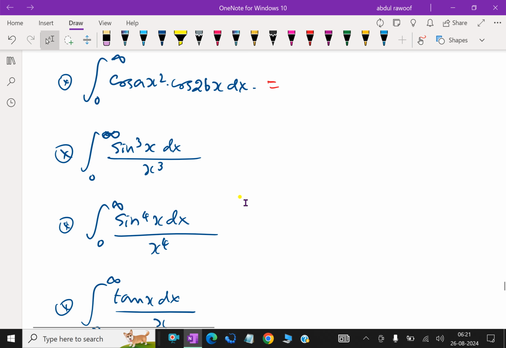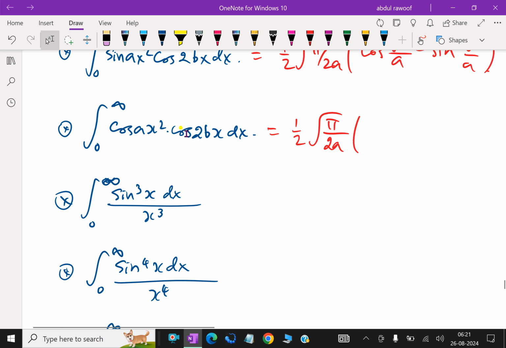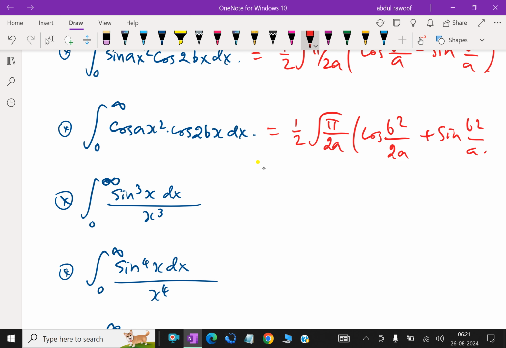Integral 0 to infinity cos ax square into cos 2bx dx equals half square root of pi by 2a of cos of b squared over a plus sine of b squared over a.